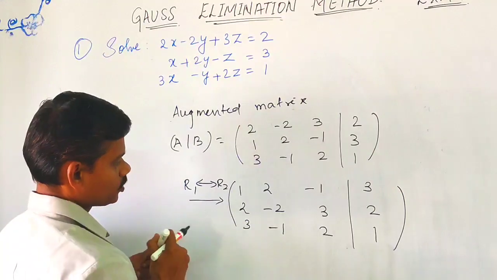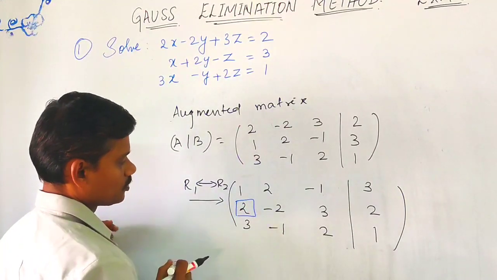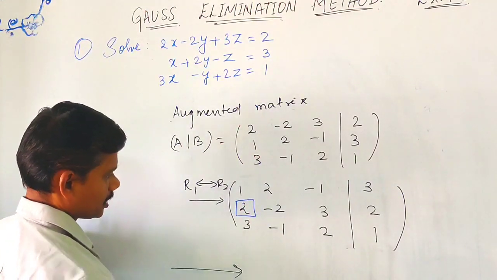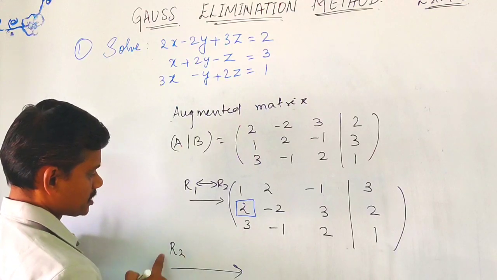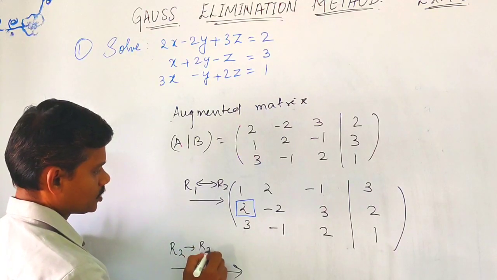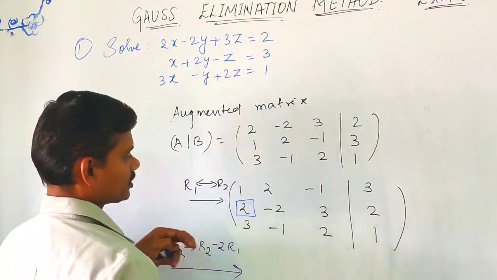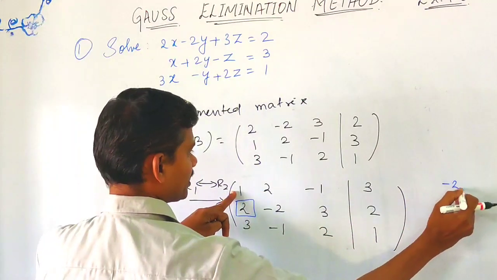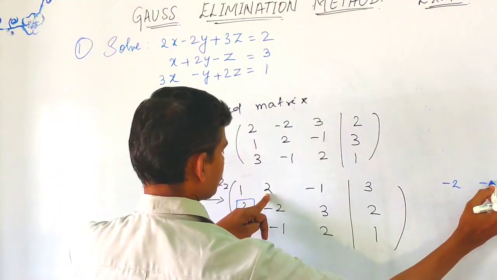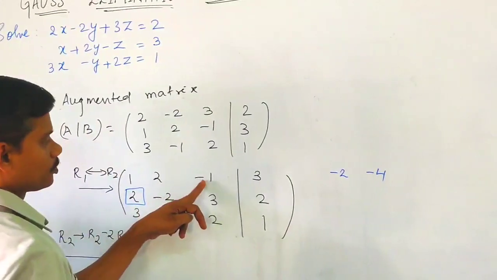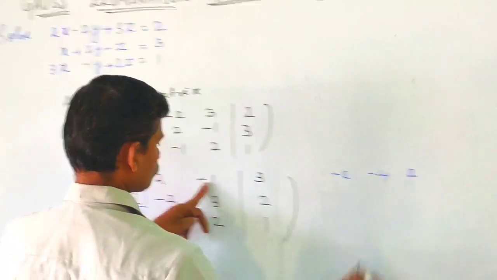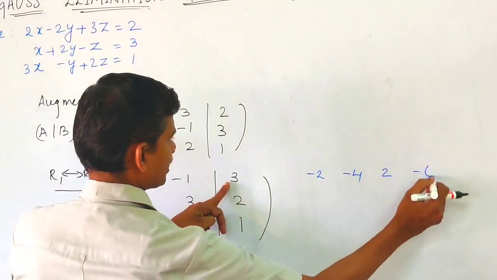Second, we have to make this element 0. For that I am going to use R2 implies R2 minus 2 times R1. I multiply R1 with minus 2. So you get minus 2, minus 4, minus 1 into minus 2 gives plus 2, 3 into minus 2 gives minus 6.